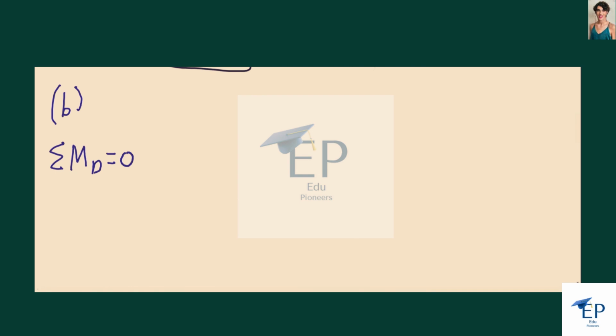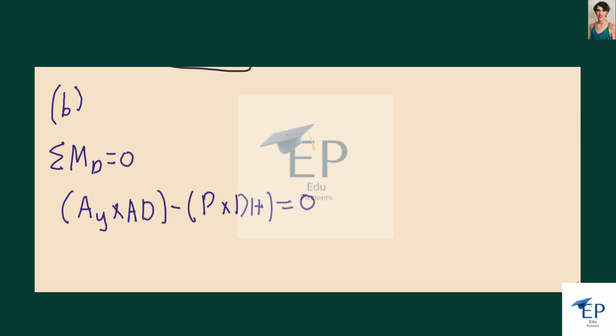And that's going to look like this expression. So it's going to be A of y, the y component of the reaction, times the length AD, minus the force P times the length DH is equal to 0. So we plug in what we know, and we solve for A of y.